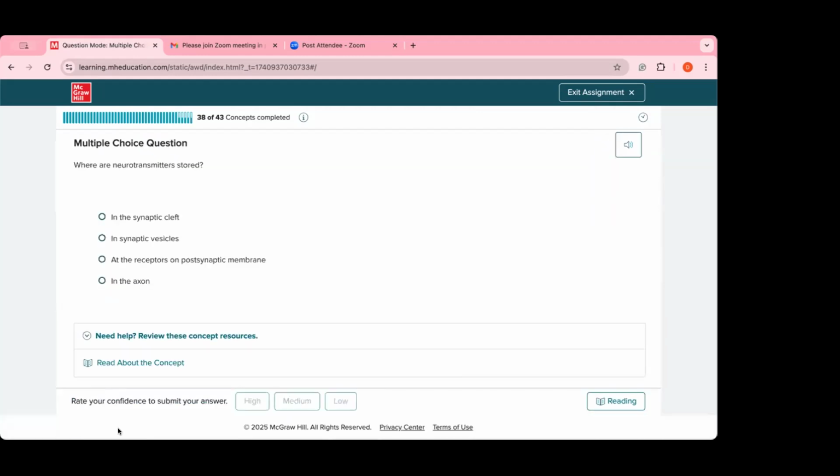Okay, next question. Where are neurotransmitters stored? In synaptic vesicles. I'm pretty sure they're in synaptic vesicles, but let's read about it. I think it's in synaptic vesicles from what I remember.